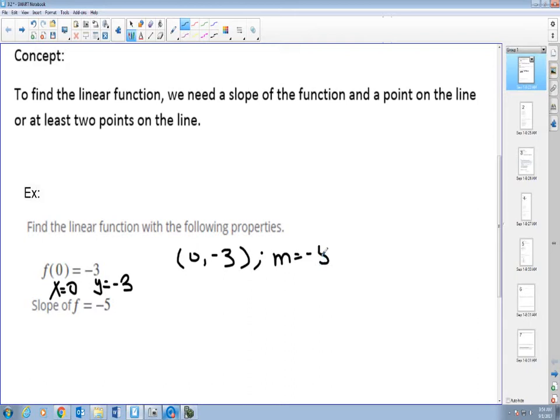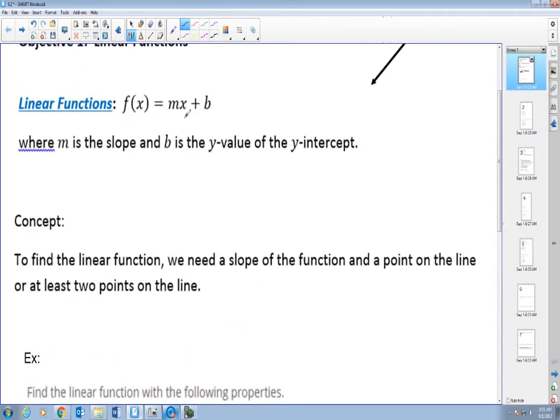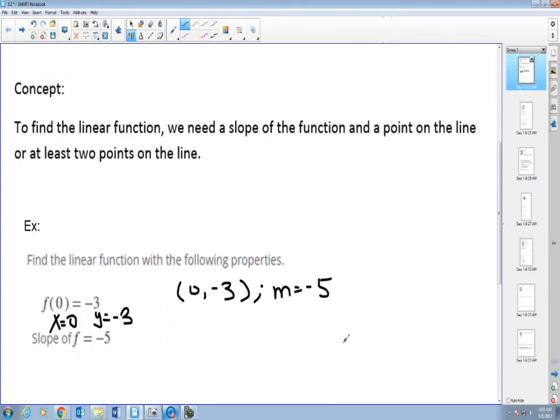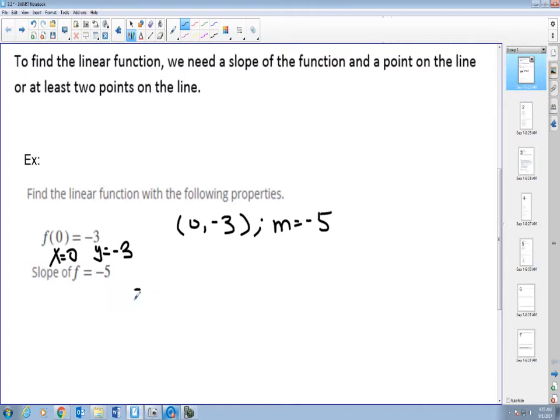Alright, so to find the linear function, we just go back to the slope-intercept form, y = mx + b. So my m, so far what I've got, is -5x + b. Alright, b is the y value of the y-intercept.